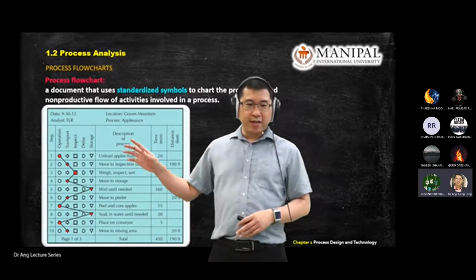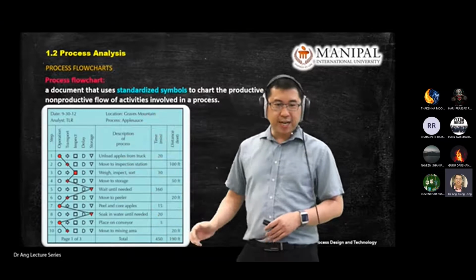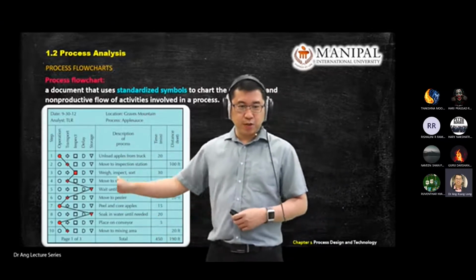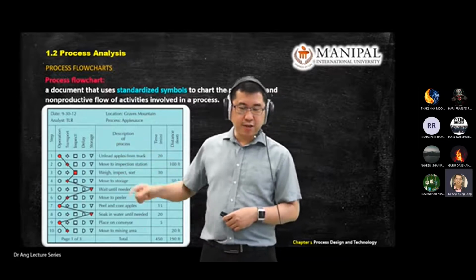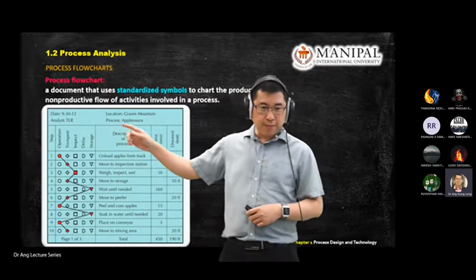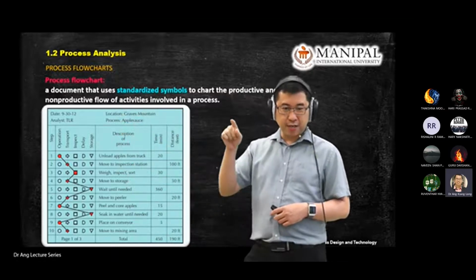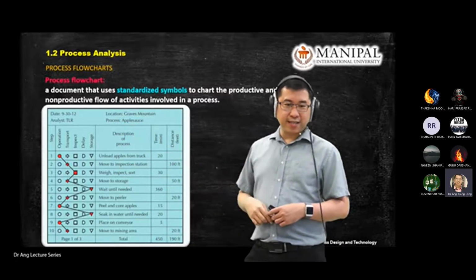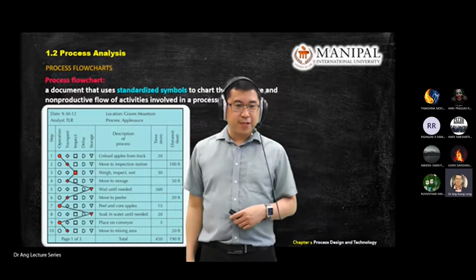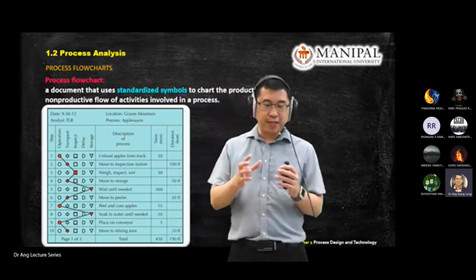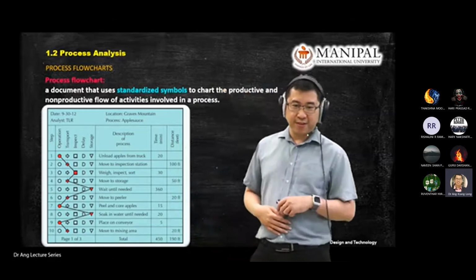Now, on the process chart, we will use symbols to represent the process. On the top of the first column there is a circle, right? Do you see the circle? The circle represents operation, meaning some activity on the production floor.